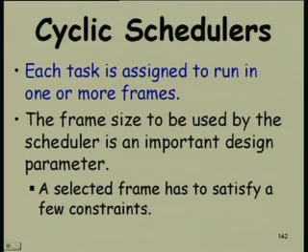If we are talking of a cyclic scheduler, the most important question before the designer of a real time program is how to find the frame size, because this will become the minor cycle, and at this point the tasks will get scheduled.